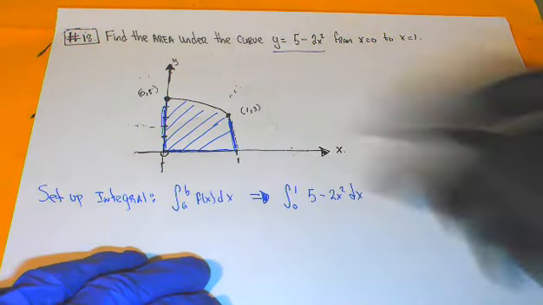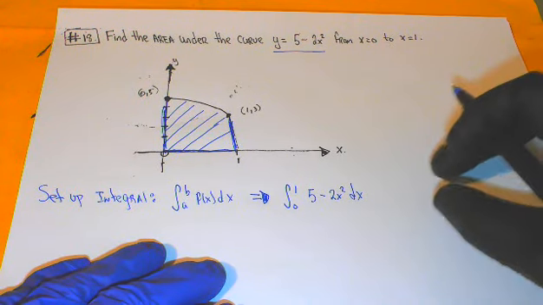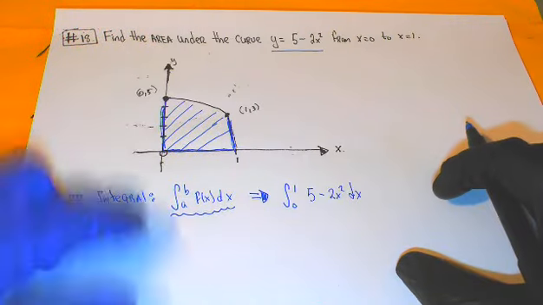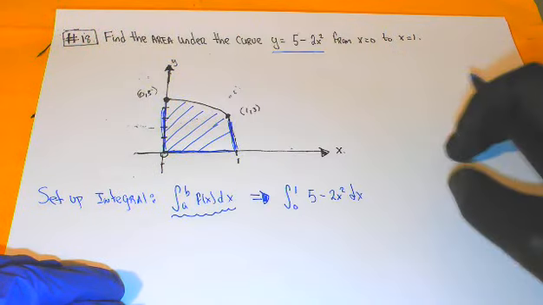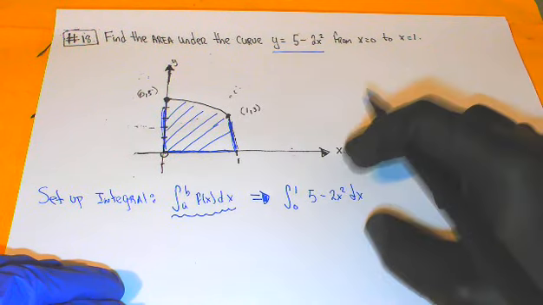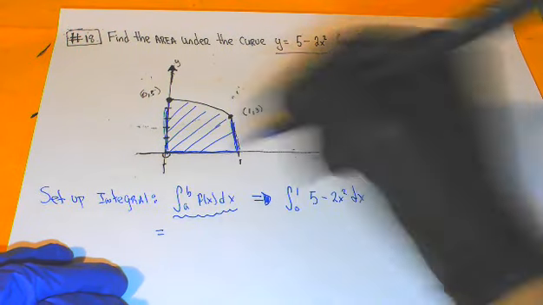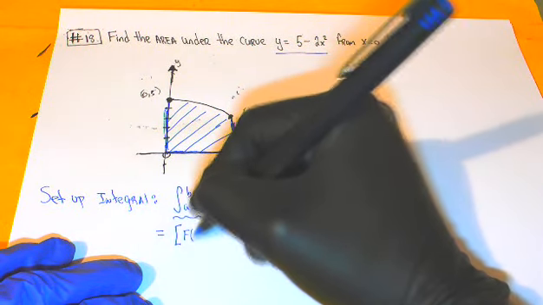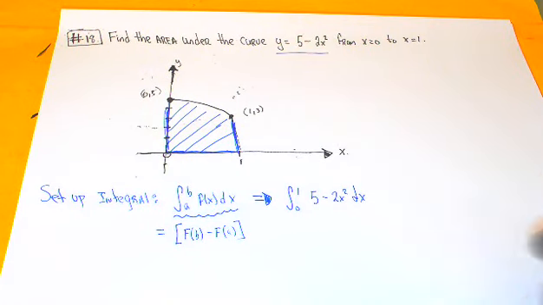Now, to figure out the area of this region, we can apply the fundamental theorem of calculus. If you recall, it states that if you have this definite integral from a to b of f of x, where f of x is a curve that is above the x-axis, then you can compute the area underneath that curve as F of b minus F of a, where capital F is the antiderivative of your lowercase f of x.